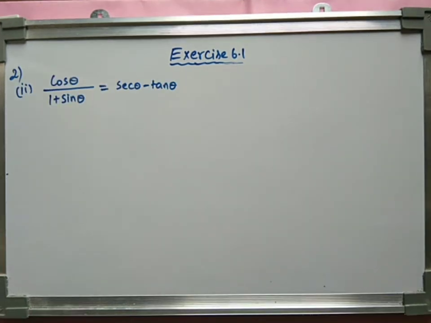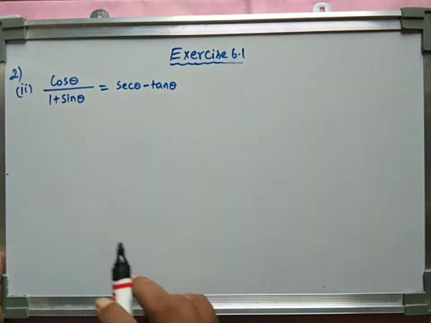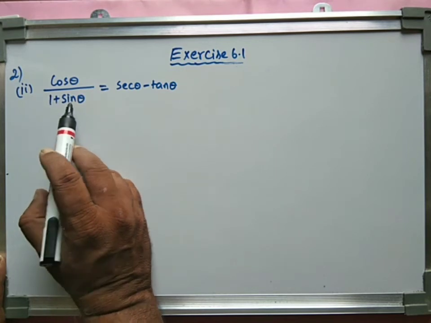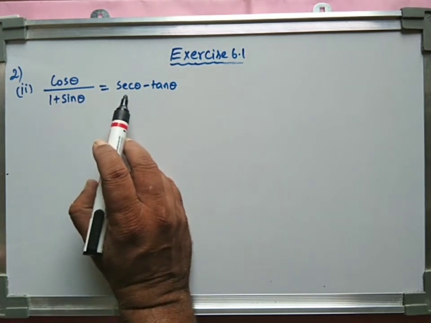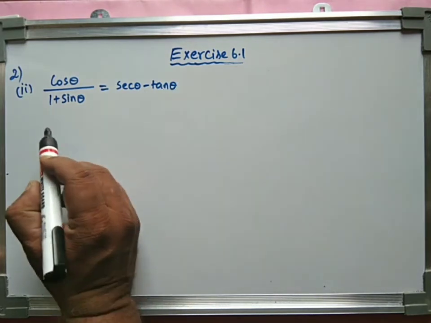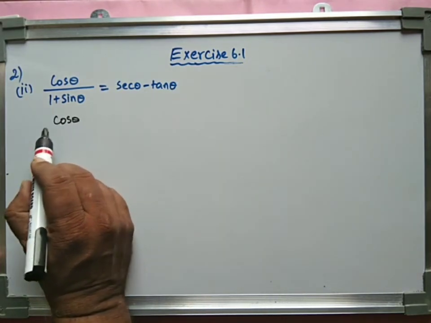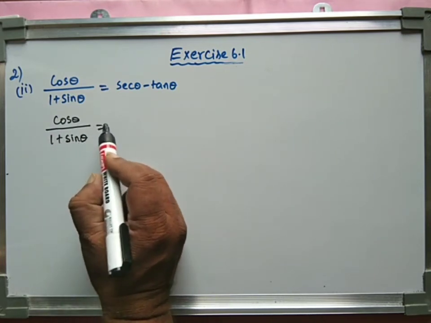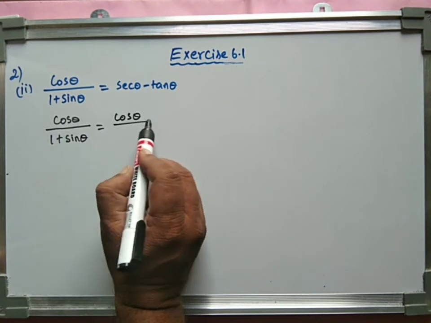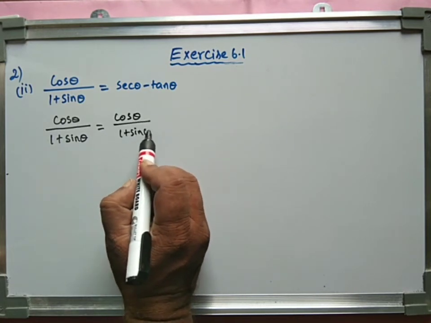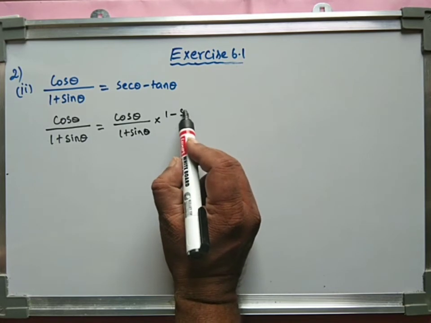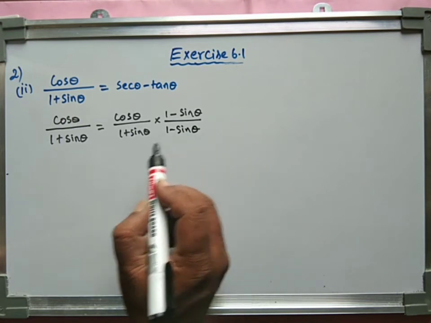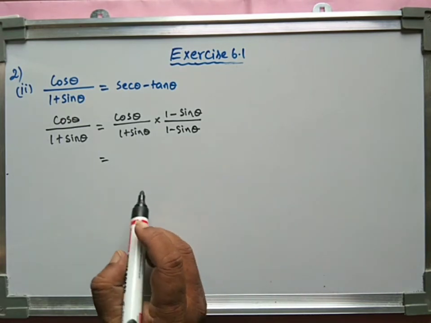Now we move on to the second part of the second problem. Prove that cos theta by 1 plus sin theta equals secant theta minus tan theta. So first we take the LHS, cos theta by 1 plus sin theta. Now I am going to multiply this with 1 minus sin theta by 1 minus sin theta, so that the value does not change.